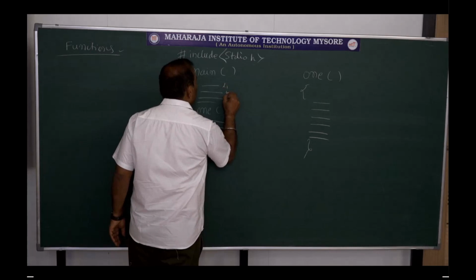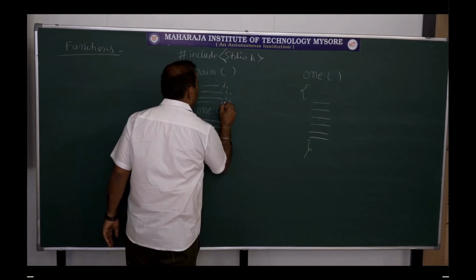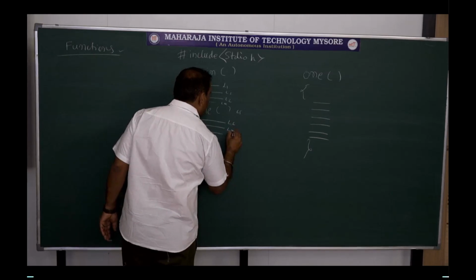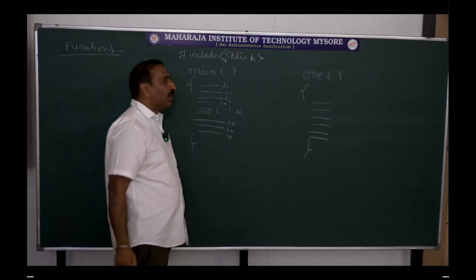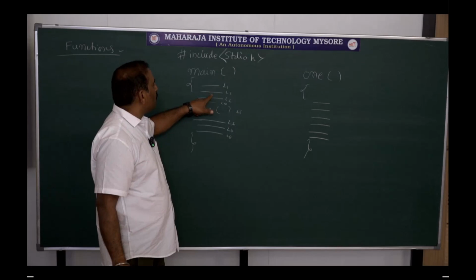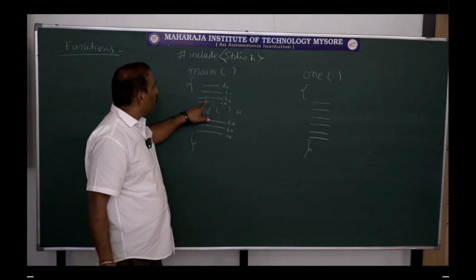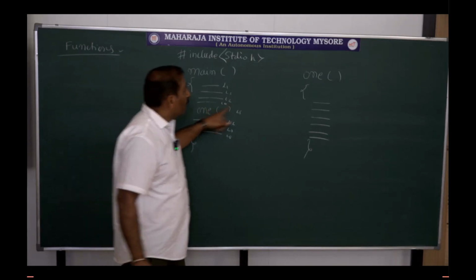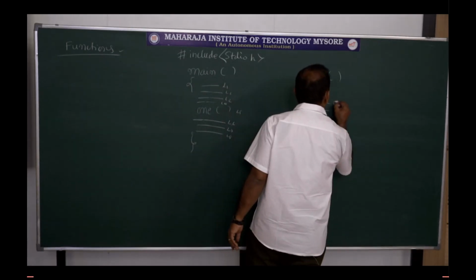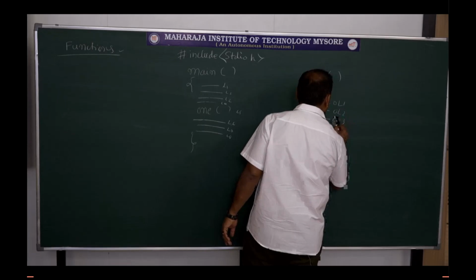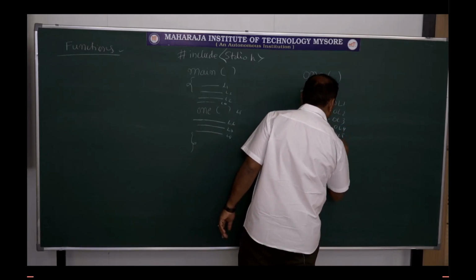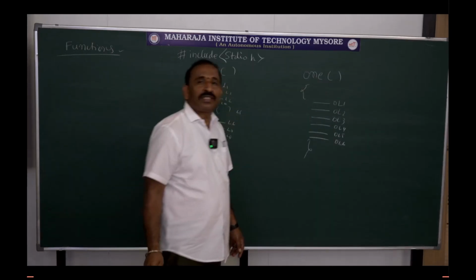This is L1, L2, L3, L4, L5, L6, L7, L8. So L1 is executed, L2 is executed, L3, L4. After L5, it is not L6. You are executing here OL1, OL2, OL3, OL4, OL5, OL6 like this.